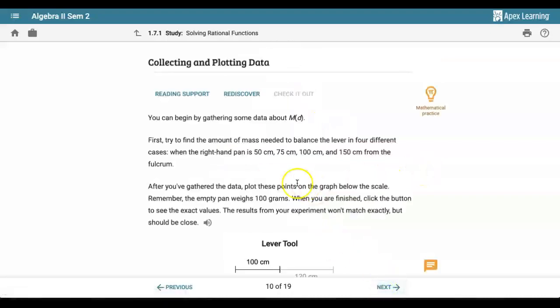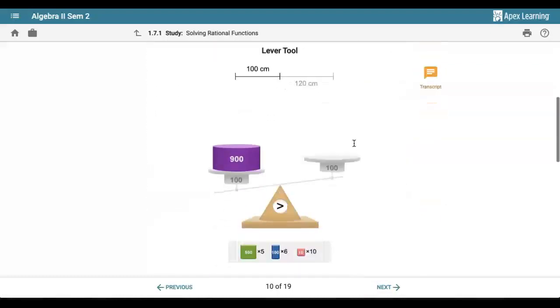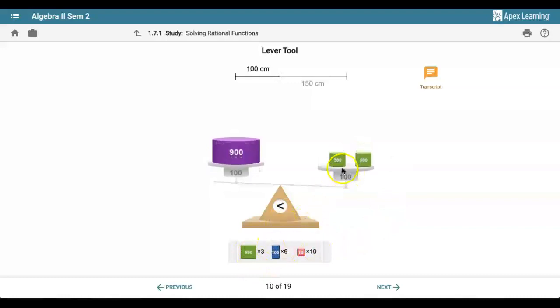If we were to pick those specific points, 50, 75, 100, 150, we could look at how much weight we need for different points. If I'm looking at my 900, I would need less weight out here. Oh, that's still too much.